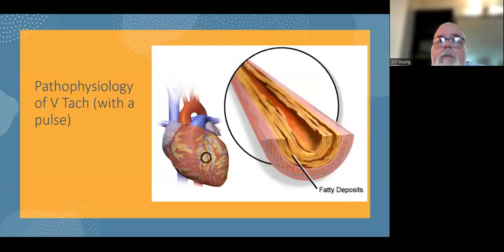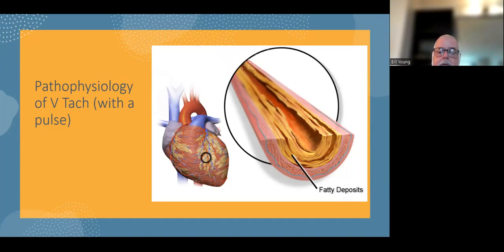The most common cause of VTAC in humans today is going to be ischemic heart disease. Now, we can have other issues that come into play. So, for example, we've already talked about this in class, the young lady with charged lemonade from Panera. She had a history of long QT syndrome. And so people who have that are at a greater risk of VTAC.